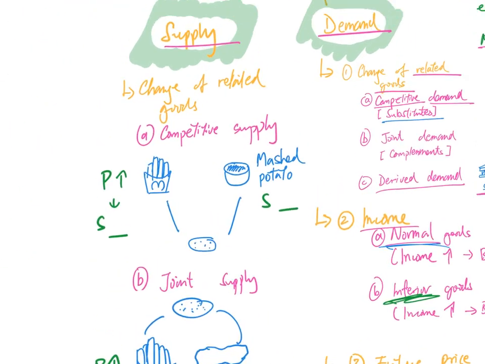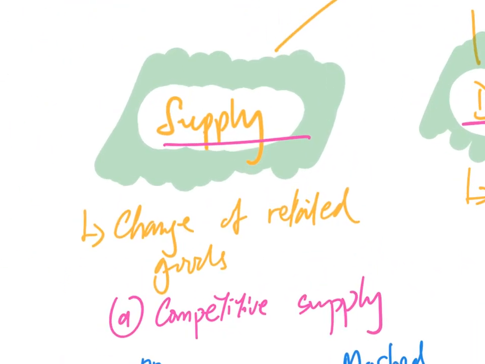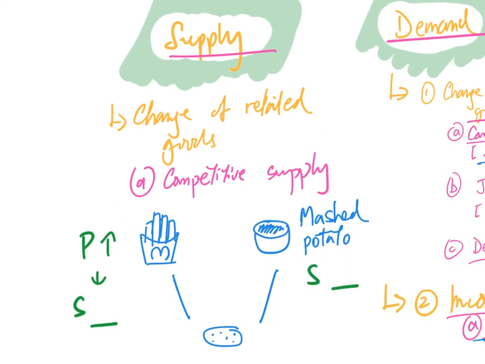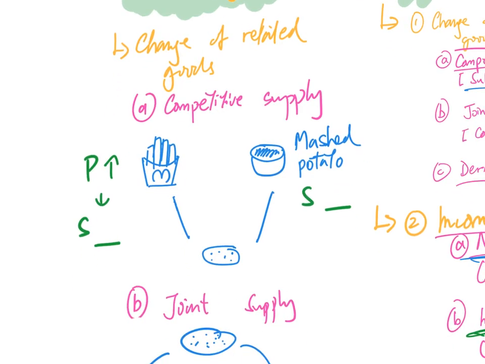And lastly, we talk about supply. Supply also has related goods. If the question has two goods, we have to think about the relationship between them. The first is competitive supply. They are using the same resources. The French fries and the mashed potato are both made from potato.